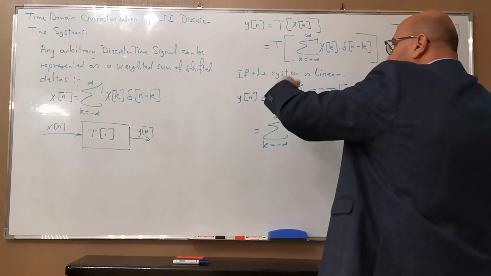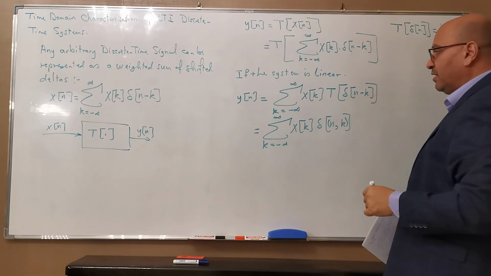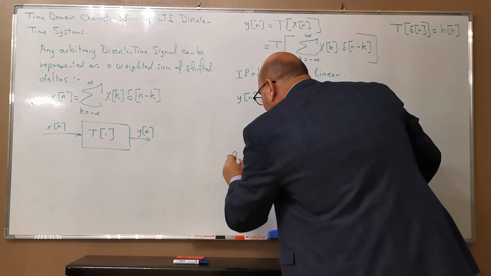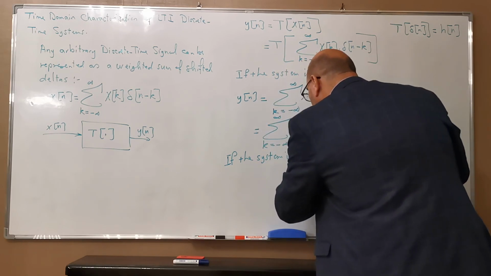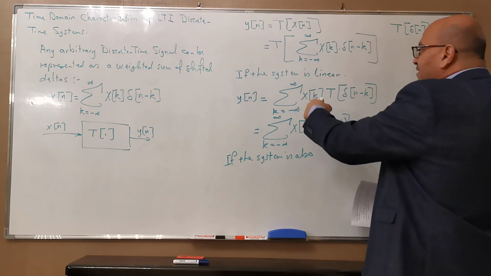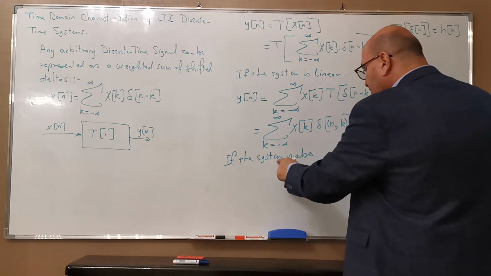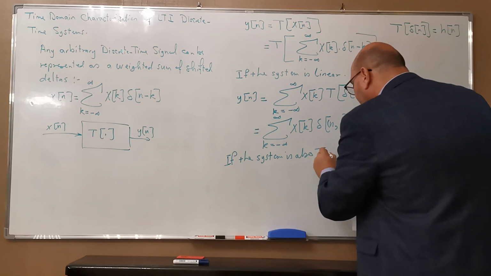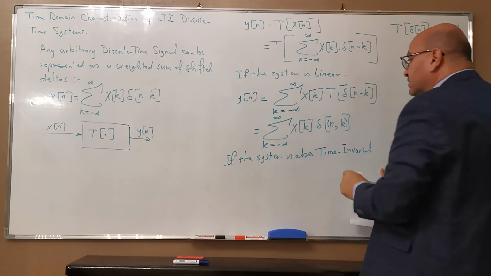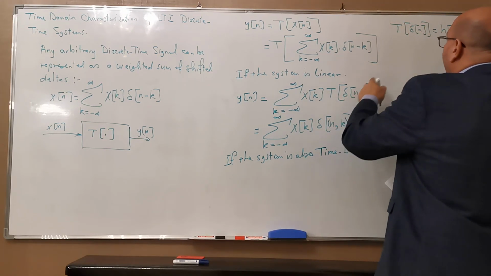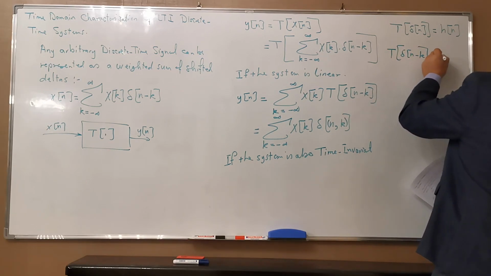Now I'm going to add, beside linearity, that the system is also shift invariant or time invariant. So if the system is linear and time invariant at the same time, then a shifted delta will have a shifted output.